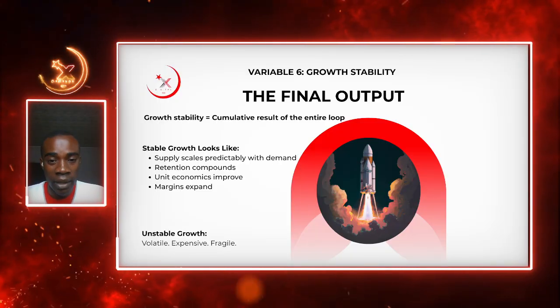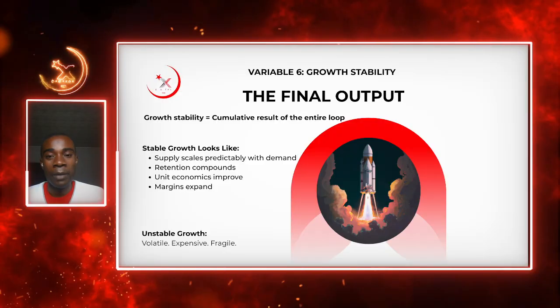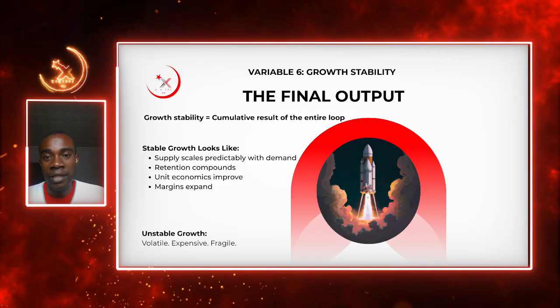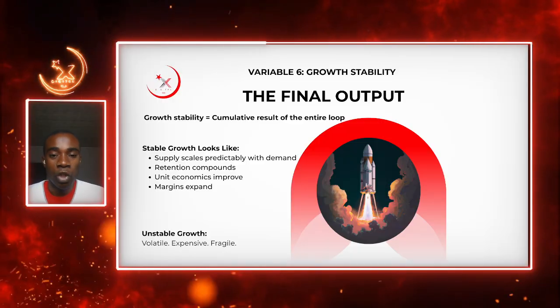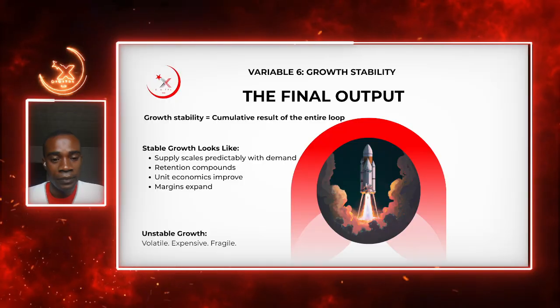That's growth stability. And this is what shows up on your board dashboard. But now you can see that growth stability is not a standalone metric. It's the cumulative result of the entire system.